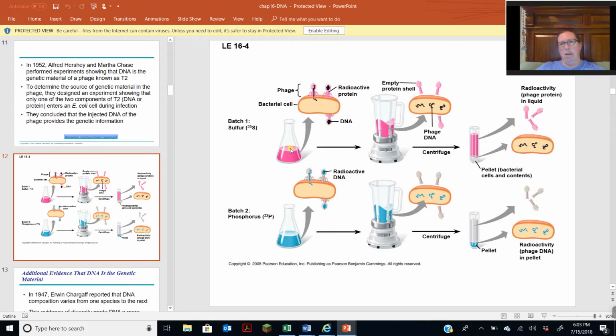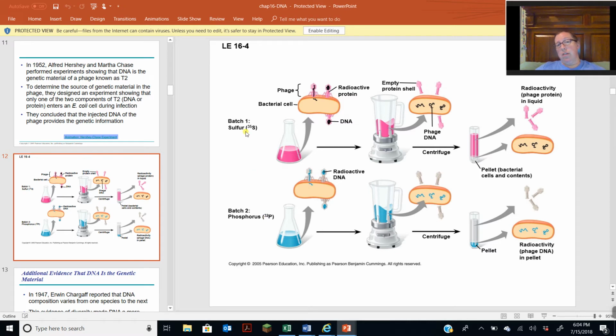And so you ask, well, how did they see that? Back then, things were radioactively labeled. We know that DNA has a phosphate backbone, so P32, a radioactive phosphorus, would bind to the phosphate backbone of DNA.